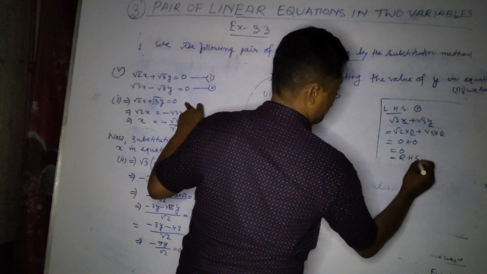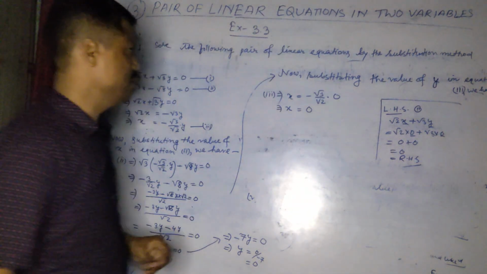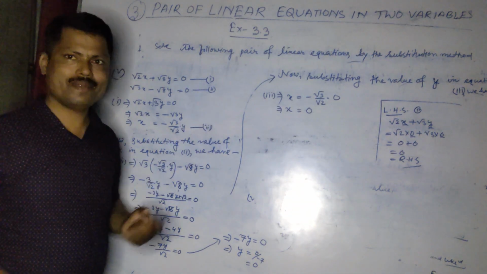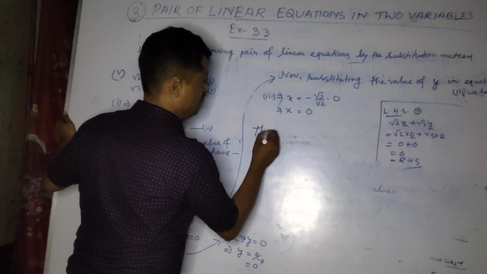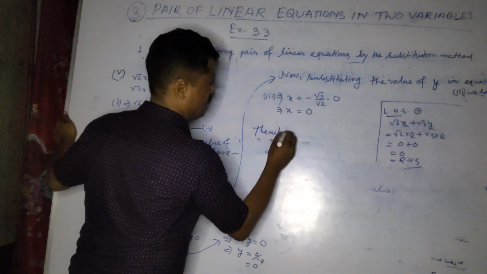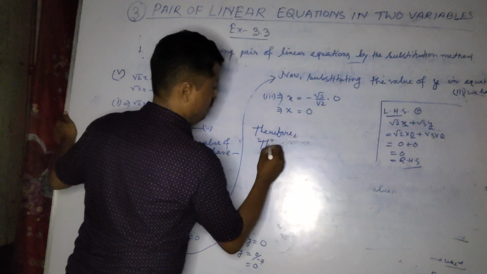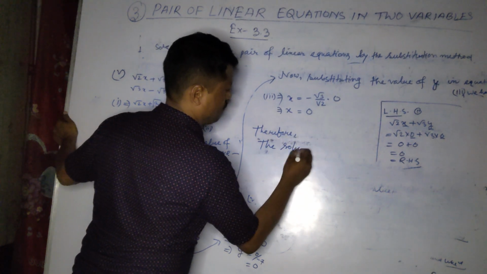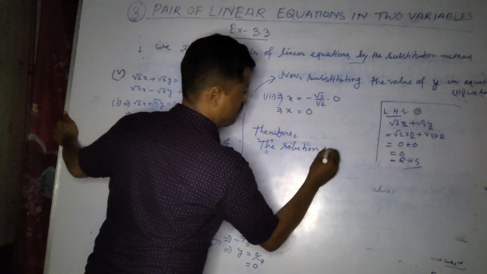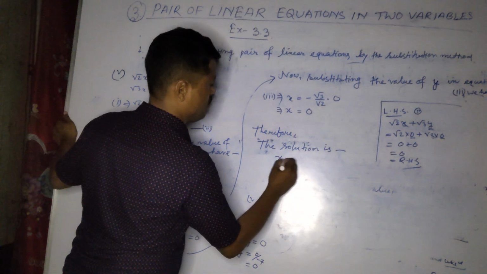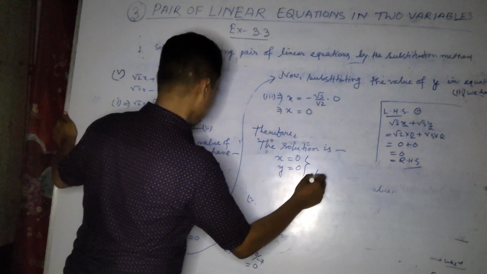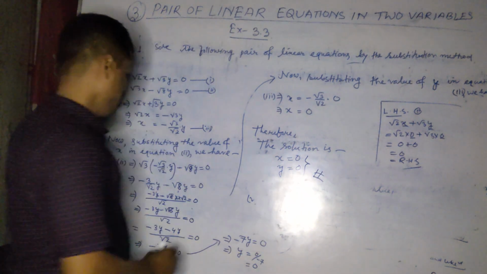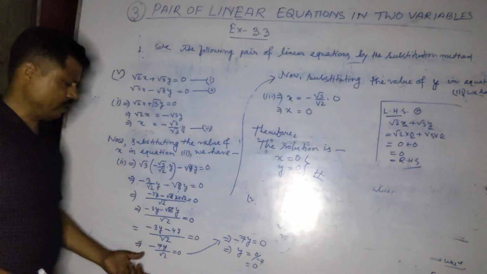So left hand side is equal to right hand side, that means our solution is correct. Therefore the solution is x is equal to 0 and y is equal to 0. So easy, we found this.